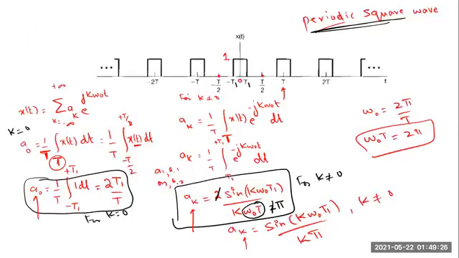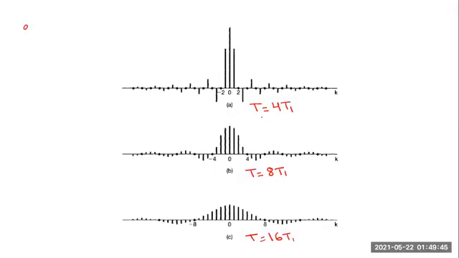And what is T1? T1 is this interval where the signal is non-zero. So we are keeping T1 fixed. So what is actually changing? T is changing. As you can see, T is increasing. It means we have increased the time period.